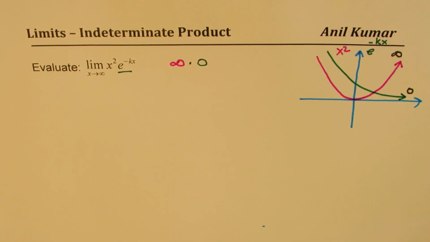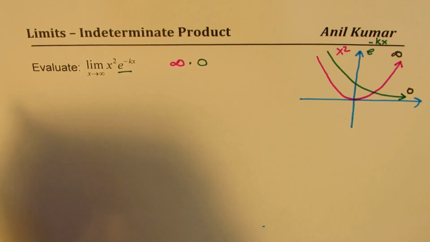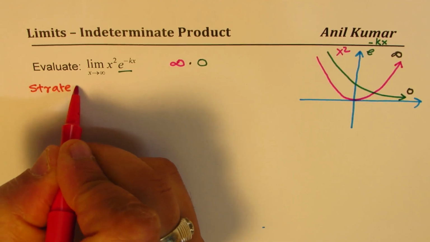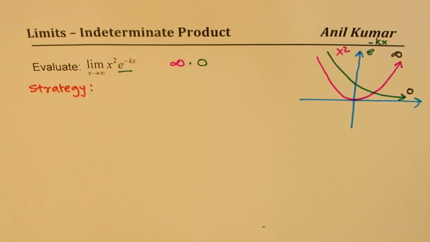So the strategy here is to convert this and write it as what? So let me write down the strategy which we are going to follow. Strategy is to write as a rational function.